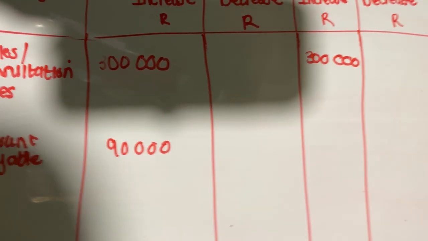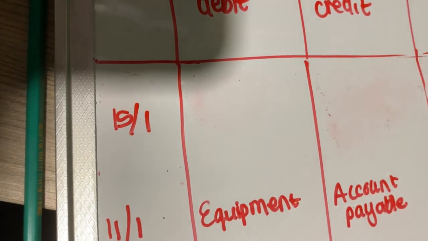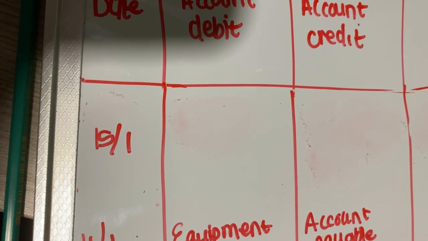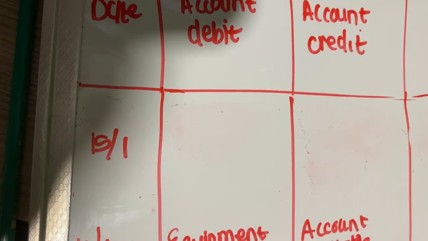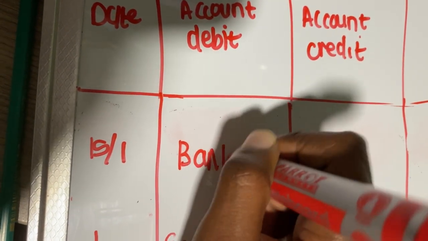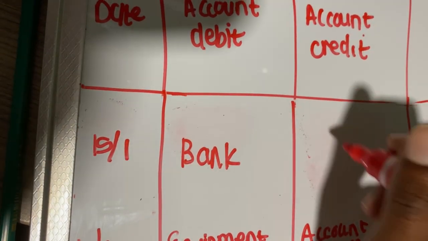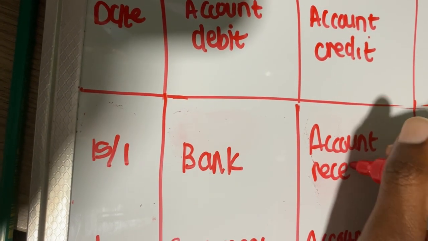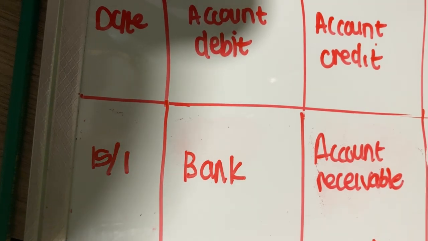The 15th of January, a customer paid an outstanding account of 150,000. So the company is receiving money. A debt is being cleared. Bank is going to be debited, and account receivables is going to be credited because now they are paying it, so the account receivables are decreasing.